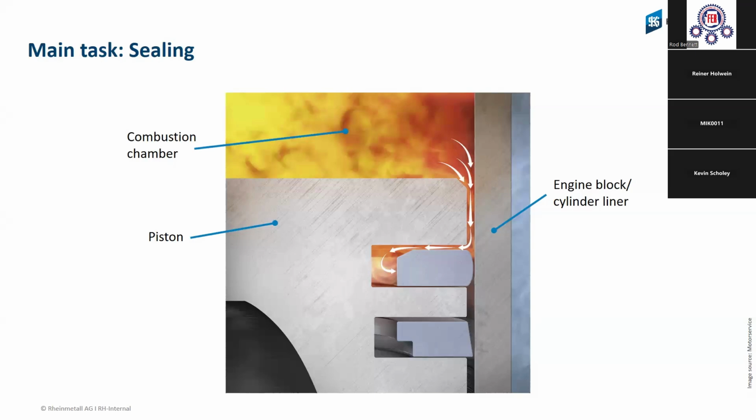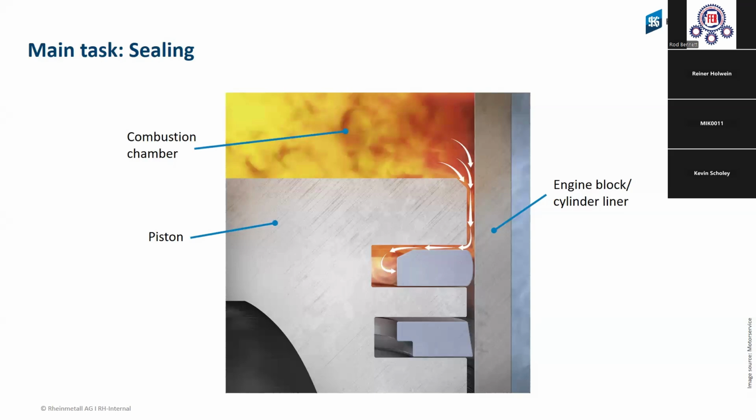But this tension is not enough to seal the combustion area, this high pressure, from the oil pan. That means we have a second pressure, and you see the situation that the pressure will be behind the piston ring and press the piston ring to the surface, to the liner.